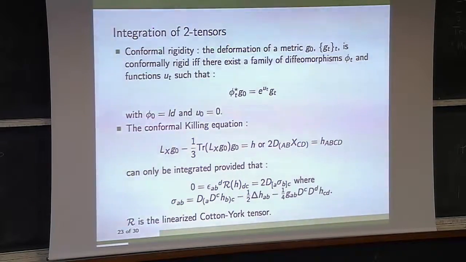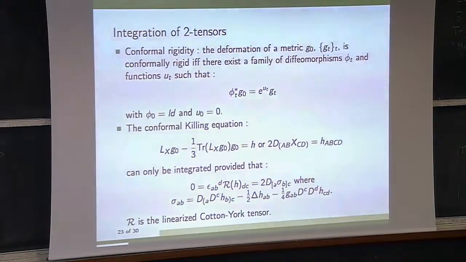If you have a family of diffeomorphisms, you apply your family of diffeomorphisms to your metric G0, and you get a family of metrics G_T modulo a conformal factor, which depends on T. So you take this initial condition to start.